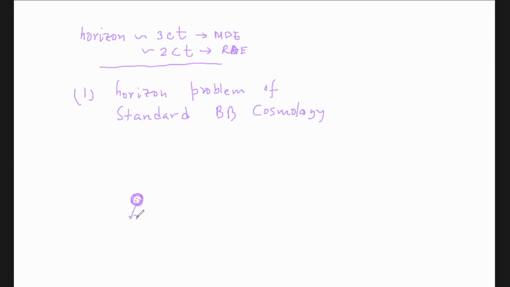That means the many photons inside know each other, so they may have interacted with each other, so they may have similar temperature. Now, what happens if the space inside this tiny dot suddenly blows up exponentially, in all directions?